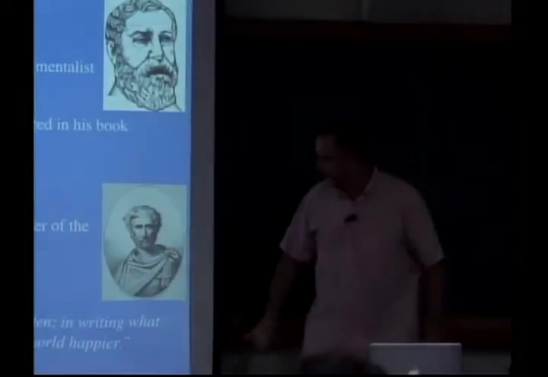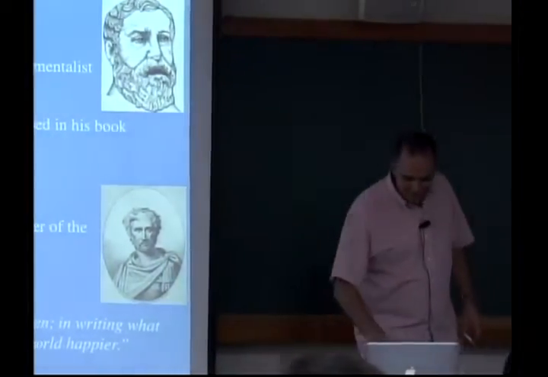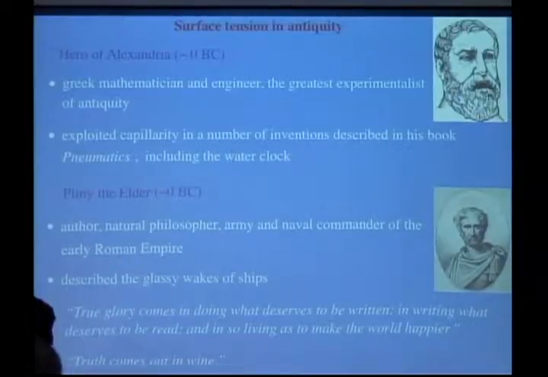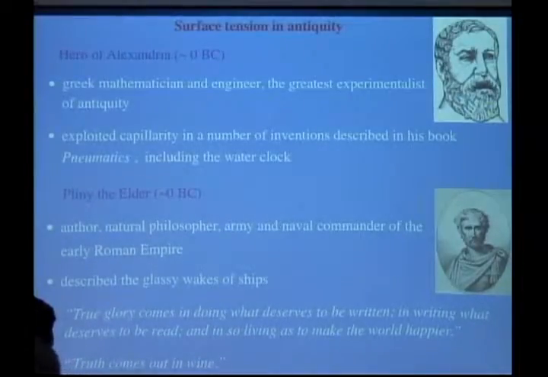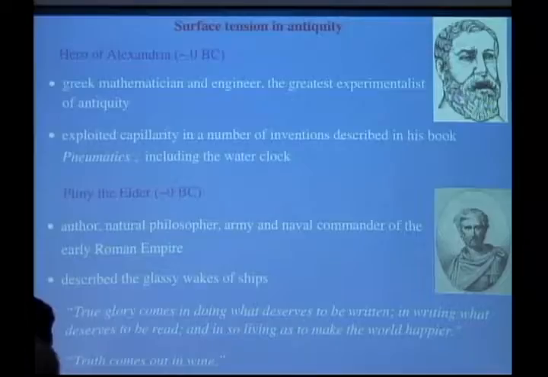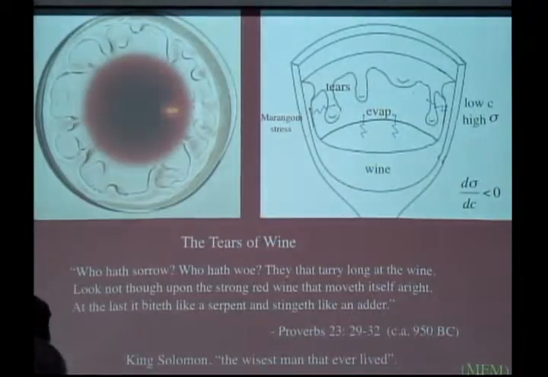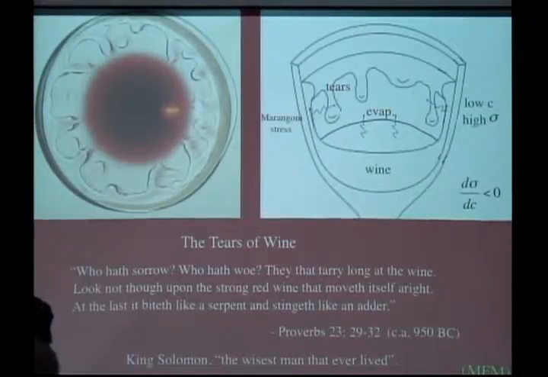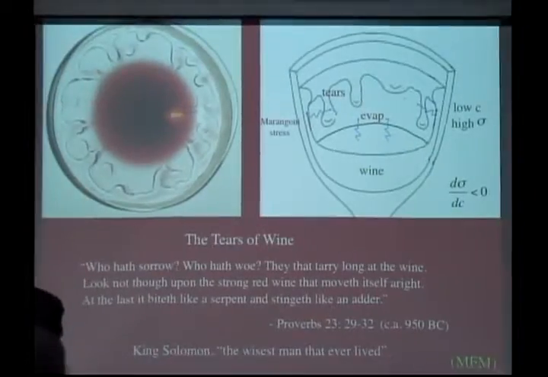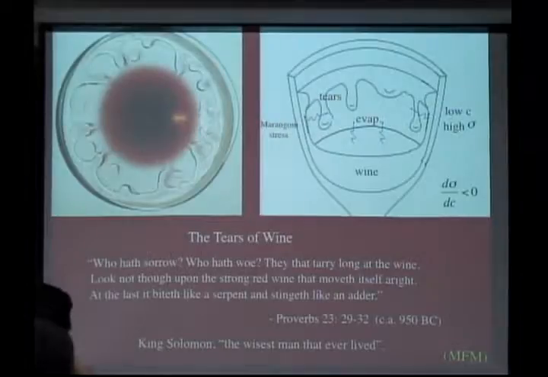And I also like this quote a lot, which is really why I included Pliny the Elder. And then he mentioned truth coming out in wine. So we mentioned this last time. This was written by King Solomon, thought to be the wisest man that ever lived. If we were to translate this into a Brazilian, it would say, stick with the wine and don't touch the pinga, okay?